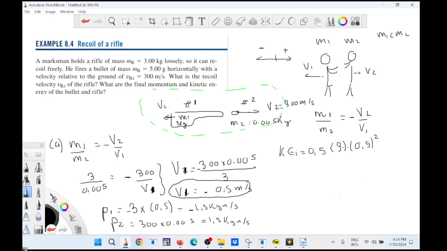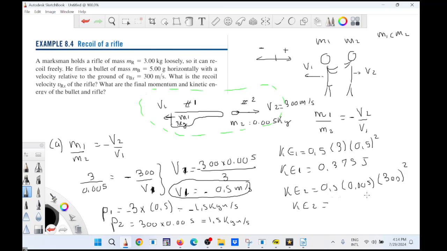Okay. So the speed is 0.5 squared. So kinetic energy for the heavy object is 0.375 joule. Kinetic energy for the bullet, 0.5 times the mass: it has a small mass, but it has a huge speed, and then the speed is squared.